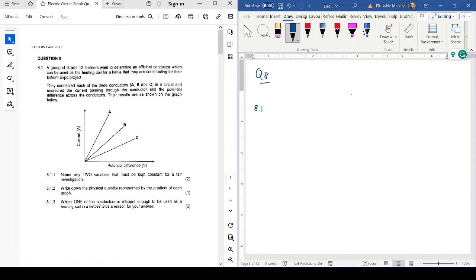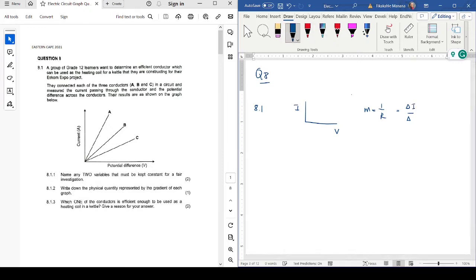So we have current versus potential difference, and I hope that you remember that if you have current versus potential difference, the gradient for it would be 1 over R, because it is your delta y over delta x.